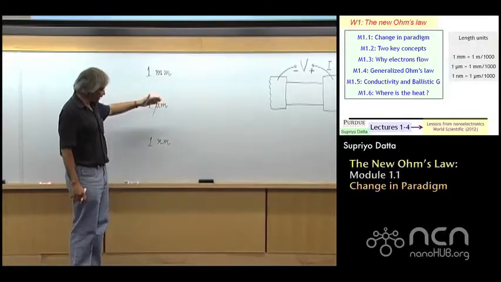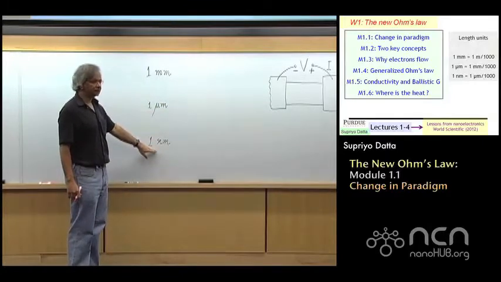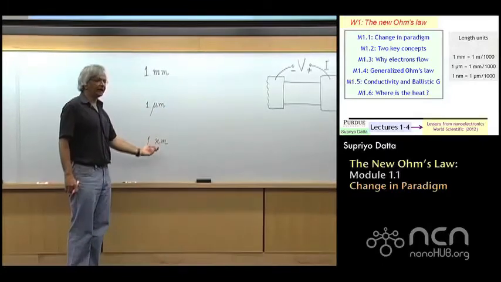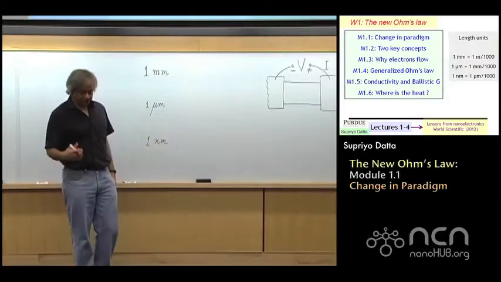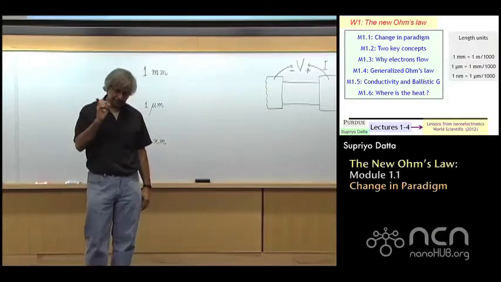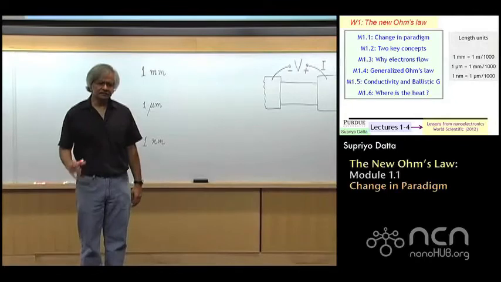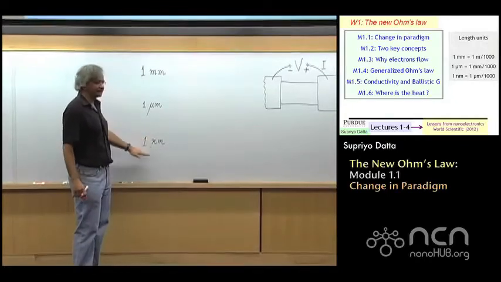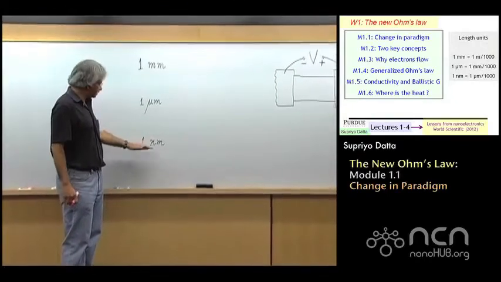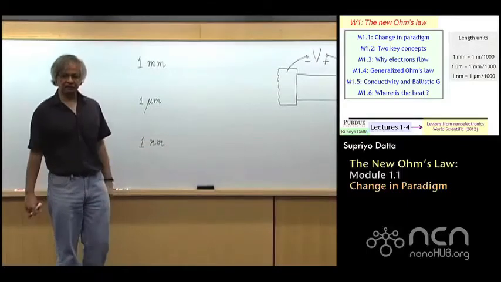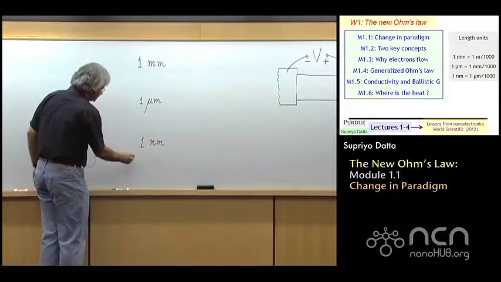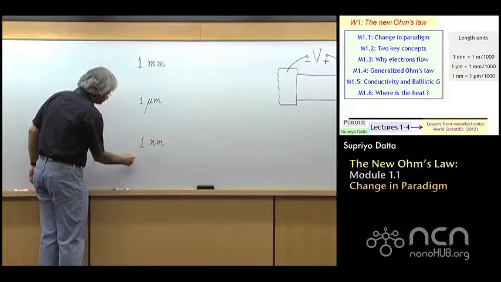And if you go down another factor of 1,000, that's when you call it a nanometer. Atomic distances, that is the distance between atoms, are typically a little less than a nanometer, maybe 2/10 or 3/10 of a nanometer. So atomic distances would be somewhere down here.